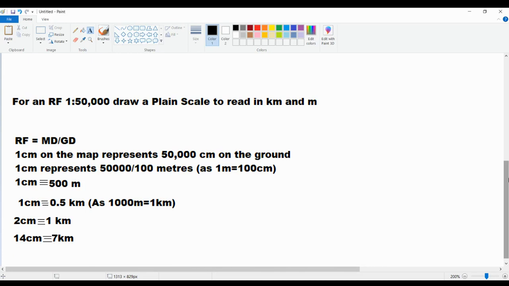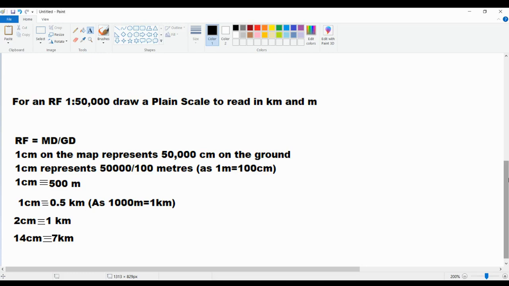So when we change it into meters, we will have to write 1 centimeter represents 50,000 divided by 100 meters. Why? Because 1 meter is equal to 100 centimeters. So when we are changing from centimeter to meters, we will divide the number by 100. Based on this, the answer will be 1 centimeter is representing 500 meters.